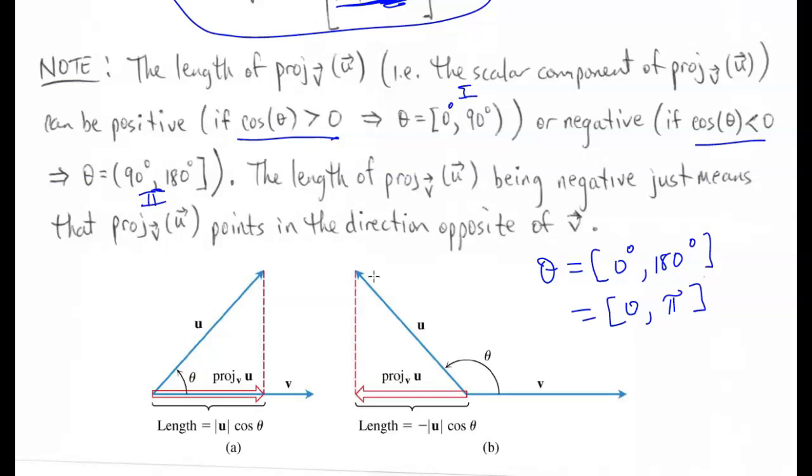And we know that for a triangle, the sum of all the angles in a triangle has to be 180 degrees. Okay, so because of the context of the origins of where all this stuff comes from with the dot product, it doesn't make sense for us to talk about an angle that is more than 180 degrees, or an angle outside of being in quadrants 1 and 2.